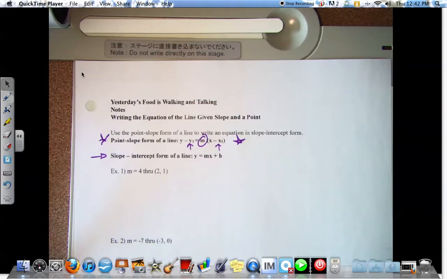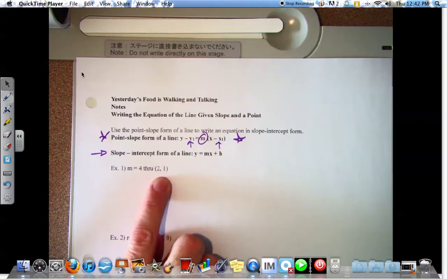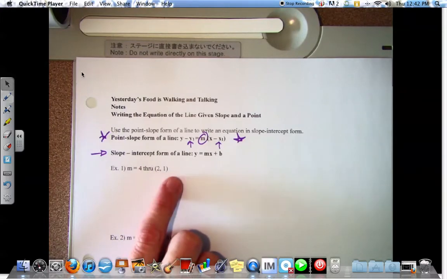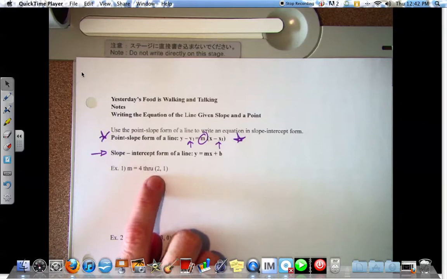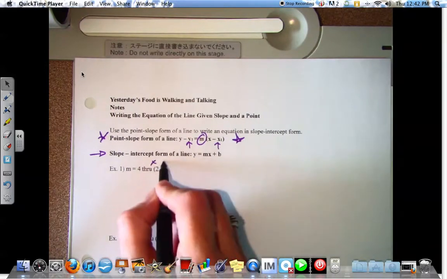So, on example 1, we have m equals 4 through 2, 1. So this 2, 1 right here is what we call an ordered pair. It represents a point on your graph. This 2 represents the what? The x. And the 1 represents the y.